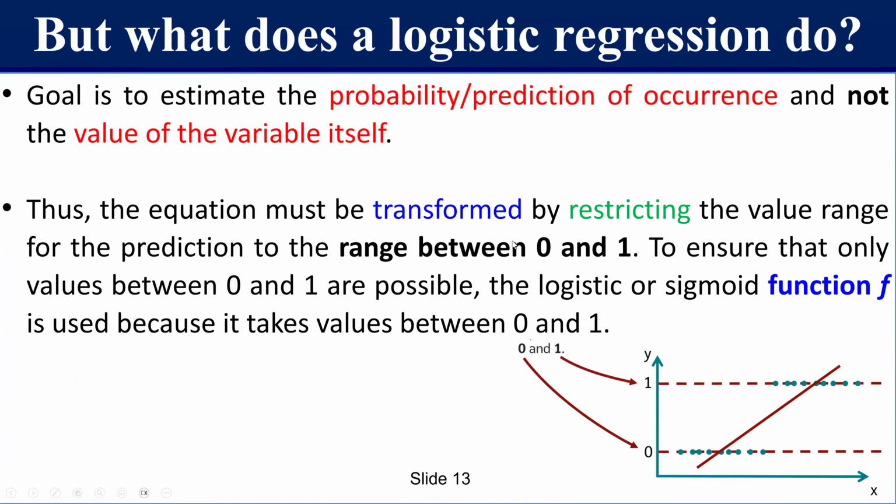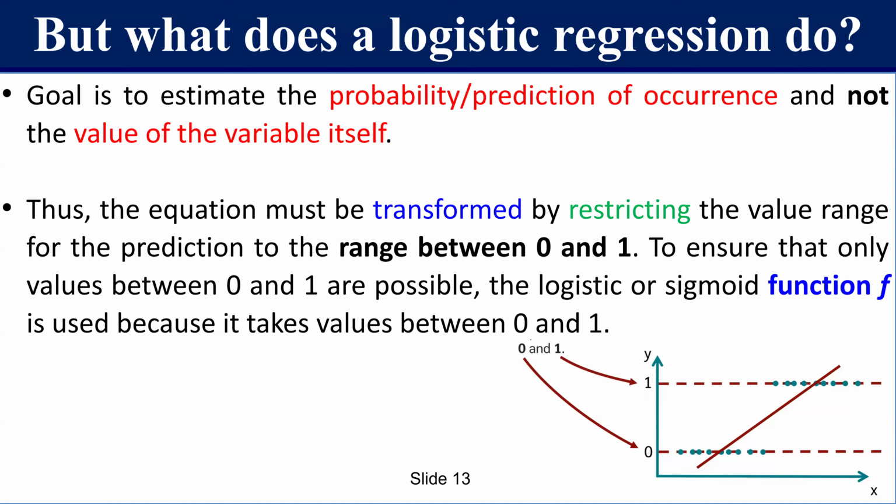Well, we transform it by restricting the values, because remember, in that OLS regression that we did, the values can go all the way to infinity. But here, we got to restrict the value for the prediction to range between 0 and 1. How do you do that? Well, in order to ensure that the values are between 0 and 1, you got to use a sigmoid function.